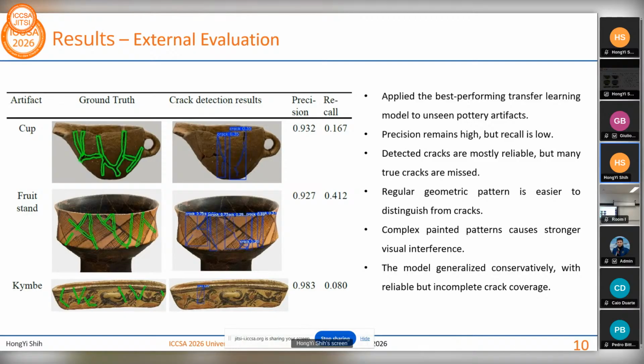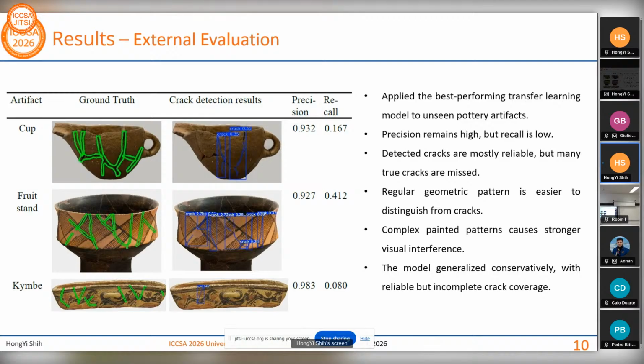And the fruit stand achieved the highest recall, likely because the geometric pattern is more regular. However, in contrast, the last artifact had the lowest recall because it has the most complicated patterns, creating a strong visual interference. So overall, the results suggest that the model generalized conservatively.